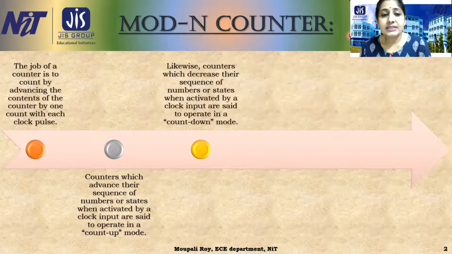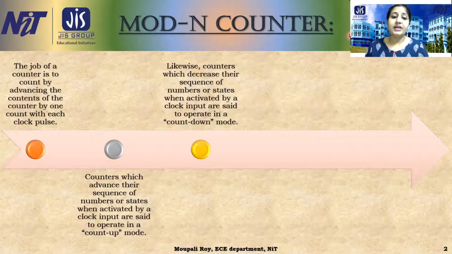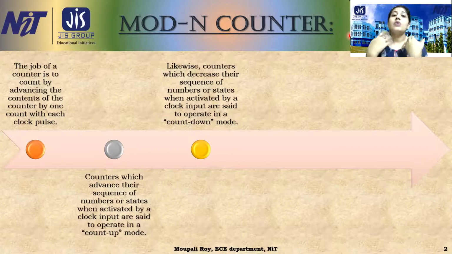Likewise, counters which decrease their sequence of numbers or states when activated by a clock input are said to operate in a count down mode. That means there is count up mode and count down mode, but the process is the same.